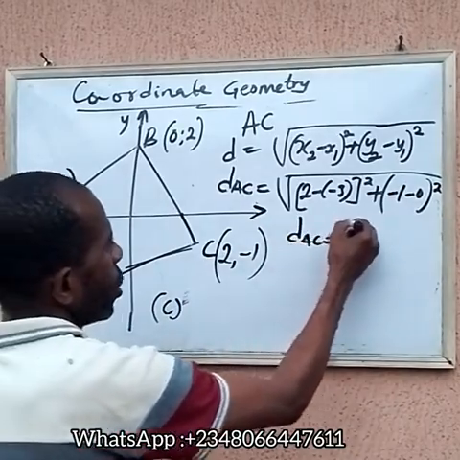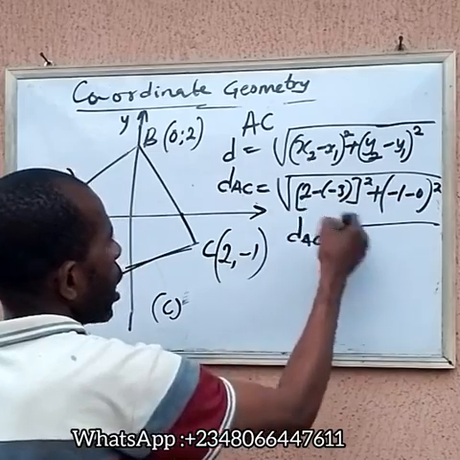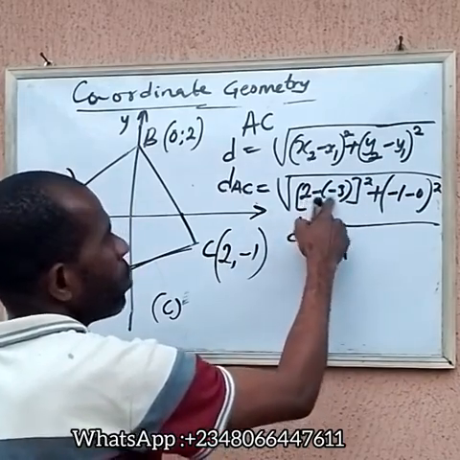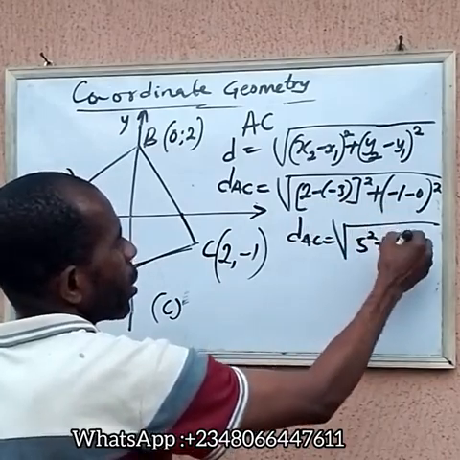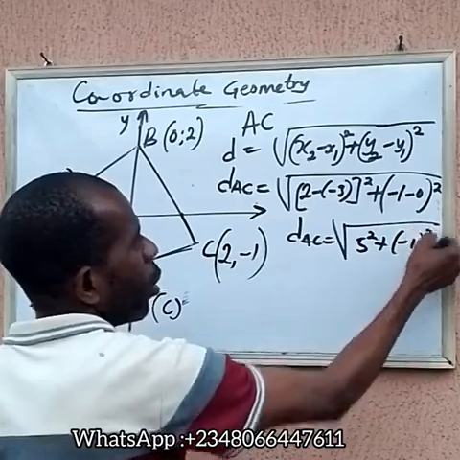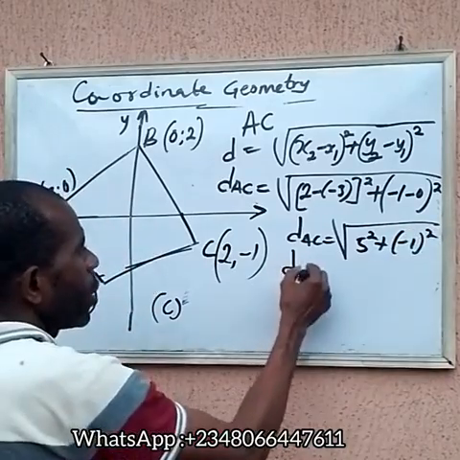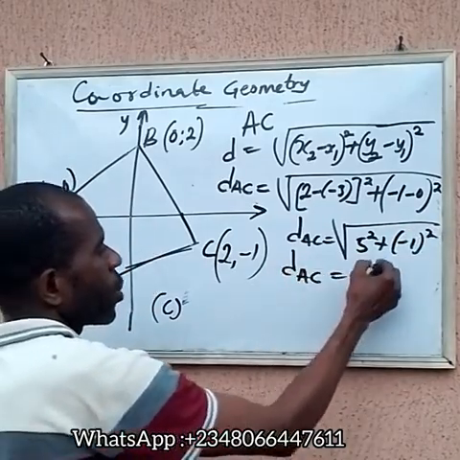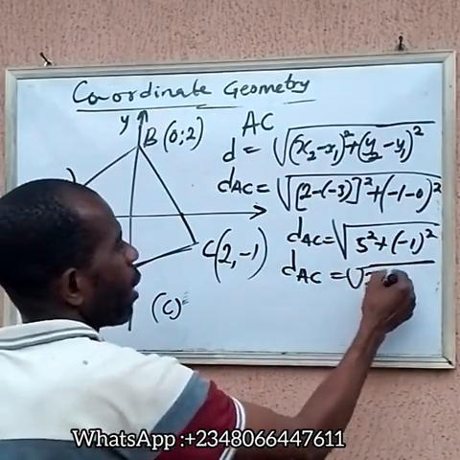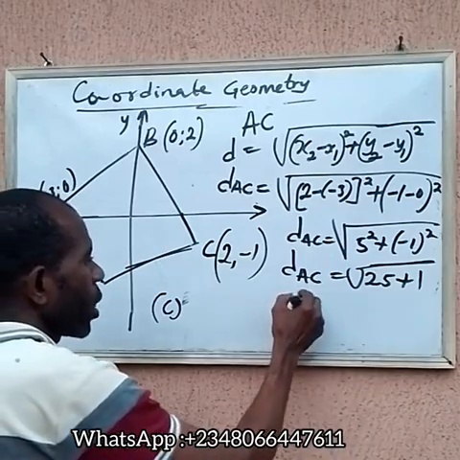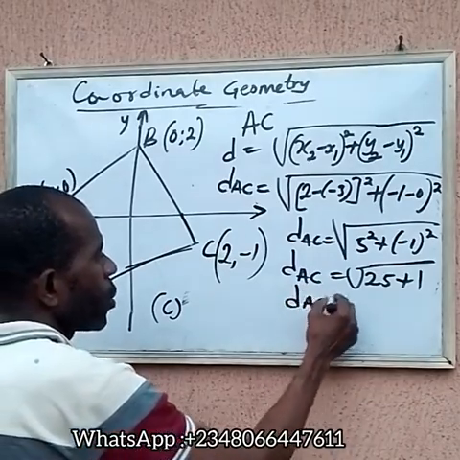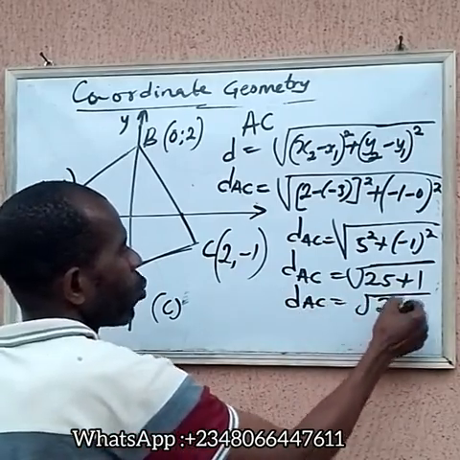DAC now gives us the root of, 2 minus 3 gives us negative 1 all squared, then this one gives us negative 1 all squared. Then DAC, the length AC, gives us 25 plus 1. 25 plus 1 is 26 rather. The distance AC is equal to the square root of 26.